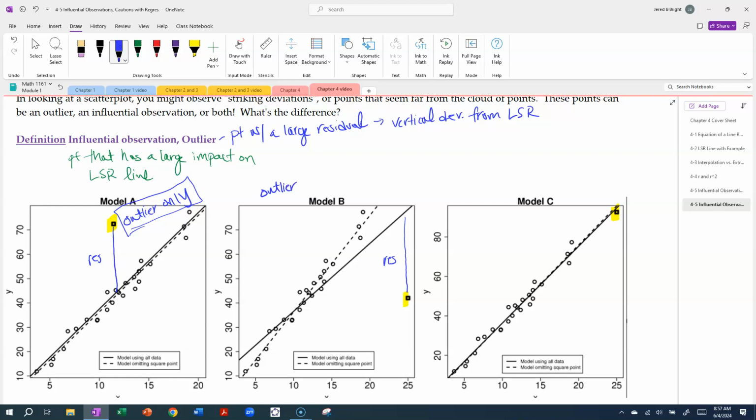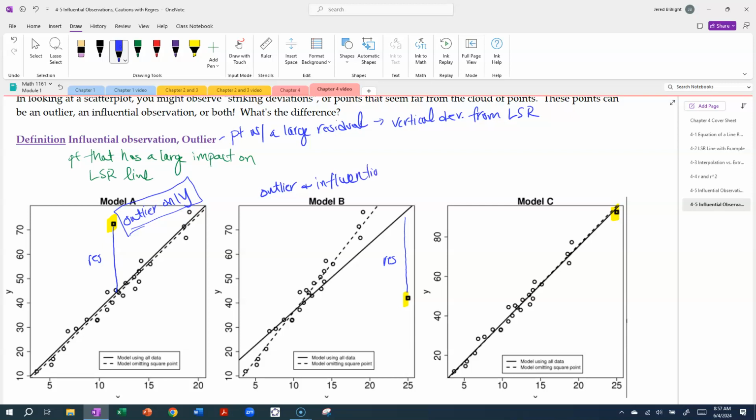And then is it influential? Does the regression line change if I remove that point? Again, solid line is with the point in it, and the dash line is with that point removed. And this one does look like the trend line changes a little bit, right? The slope becomes more positive. So I'm going to say this is also influential.